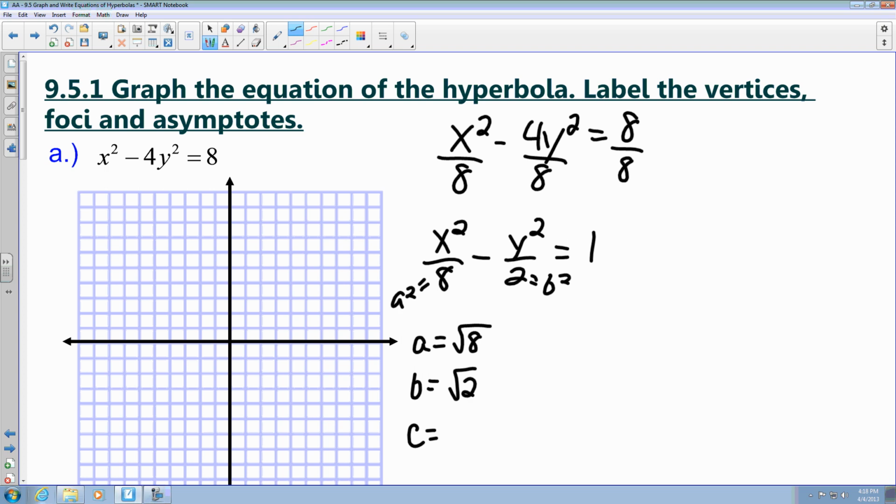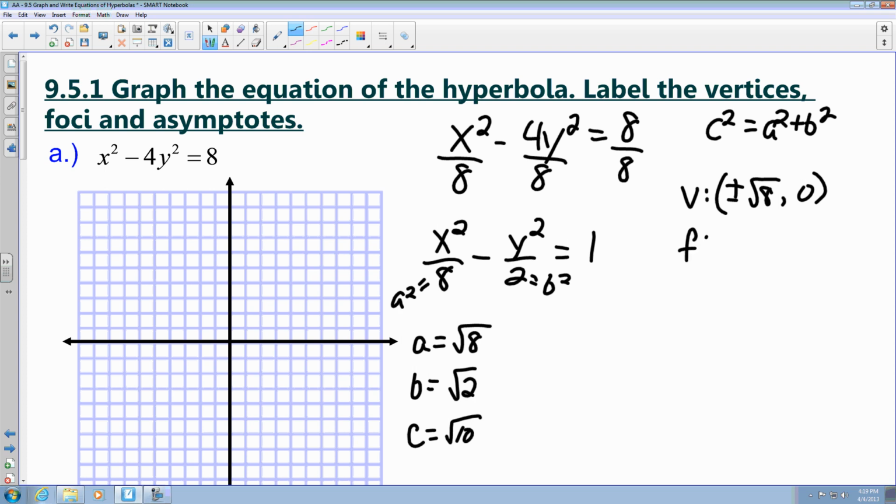C in this case, all we have to do is remember the whole c squared equals a squared plus b squared. So a squared is 8 plus b squared, which is 2. That gives me 10. So taking the square root of that, c is going to be the square root of 10. So if I want to plot these points, my vertices are going to be plus or minus the square root of 8, comma 0.